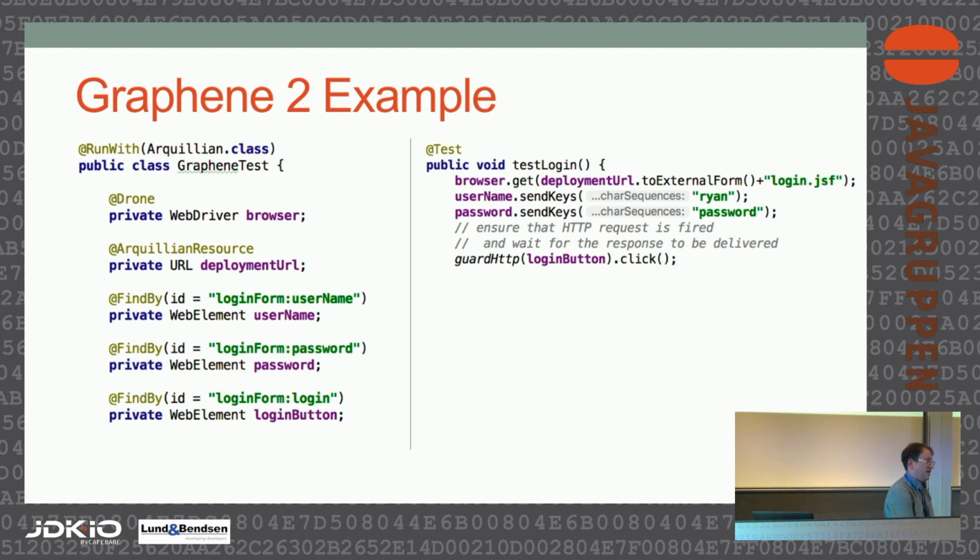We can then type into the various fields, and then have it click and make sure that it actually transitions to the next page. So this is all very nice, right? You can do this all in code.